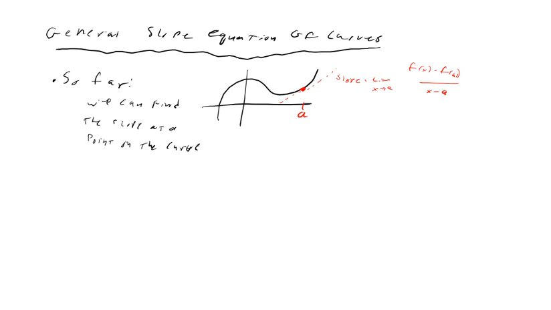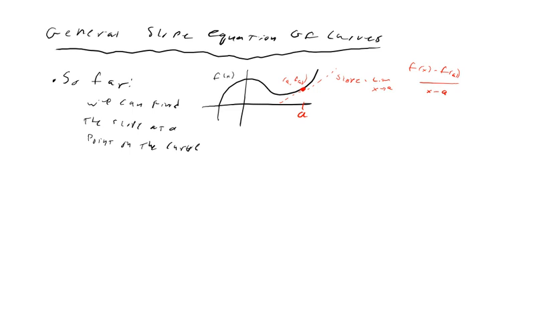Look at a certain spot, a certain location. We have an x value here, or I should say, this is a comma f of a, a certain location in the function f of x.